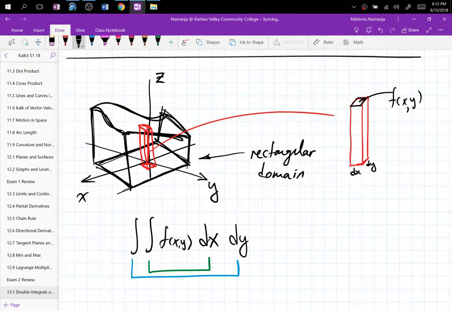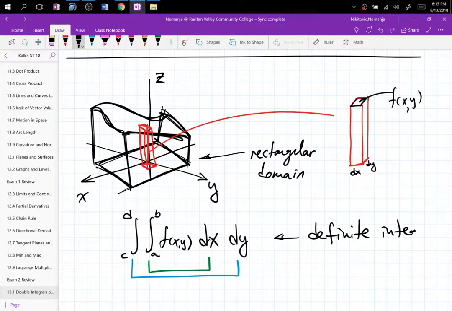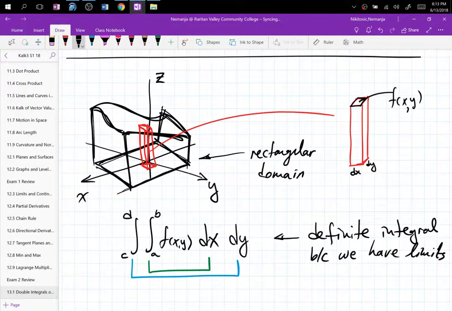Now for dx, I like to put a and b. And for dy, I like to put c and d. These are definite integrals, because we have limits of integration.